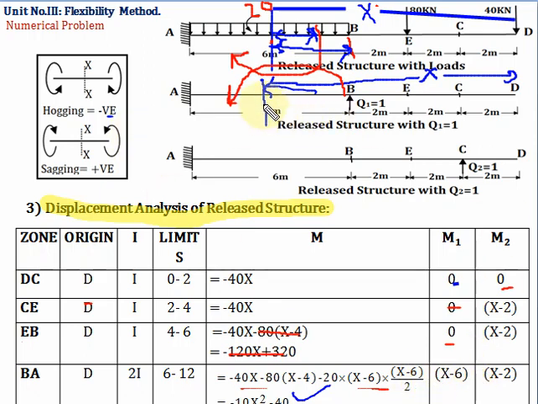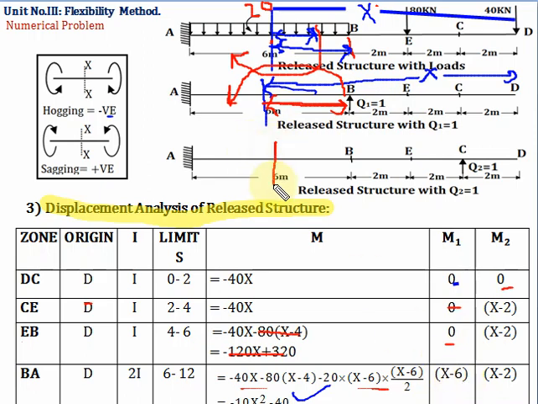Now we have to find out this distance. So total distance is x minus this distance, so x minus 2 plus 2 plus 2, 6. So x minus 6 is this length, and the intensity of force is 1. So 1 into x minus 6, it is x minus 6.